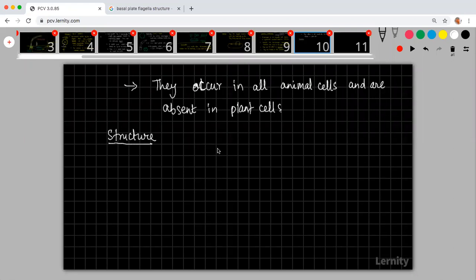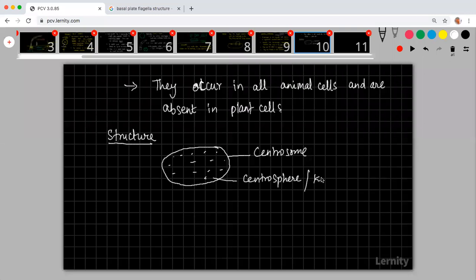So you have this cell. Inside it is filled with a fluid. This is a centrosome. Inside that there is a fluid. That fluid is called centrosphere, or we call it kinoplasm.